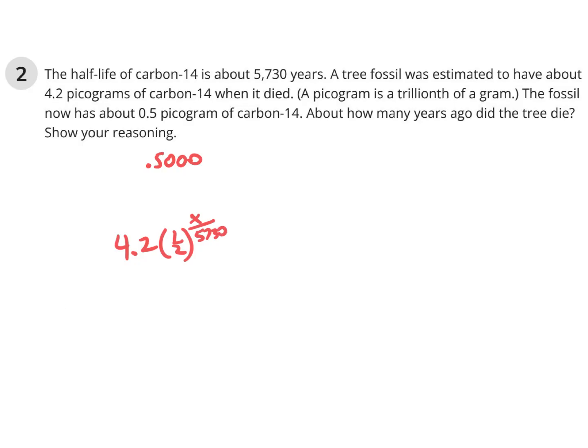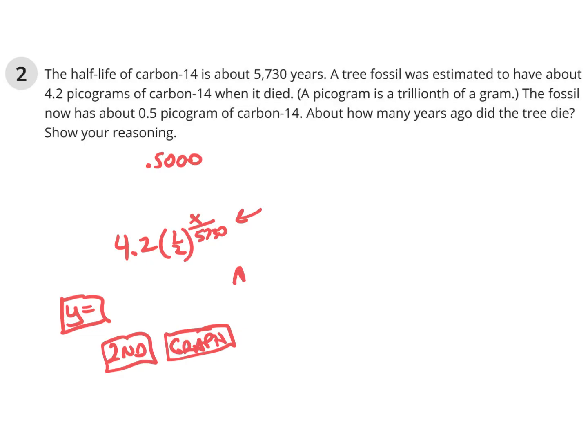You're going to put this into y equals in your calculator, and then hit second graph. And if you don't remember how to do the exponent, you hit the caret button.